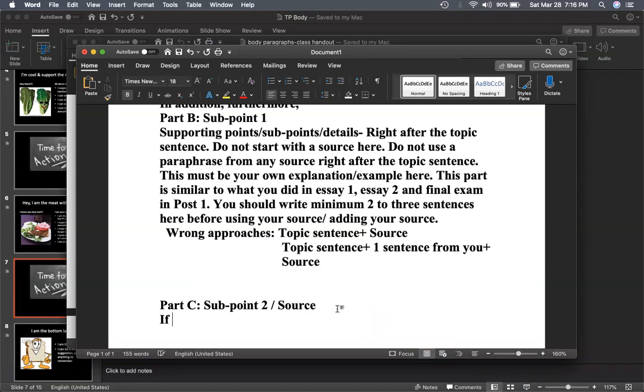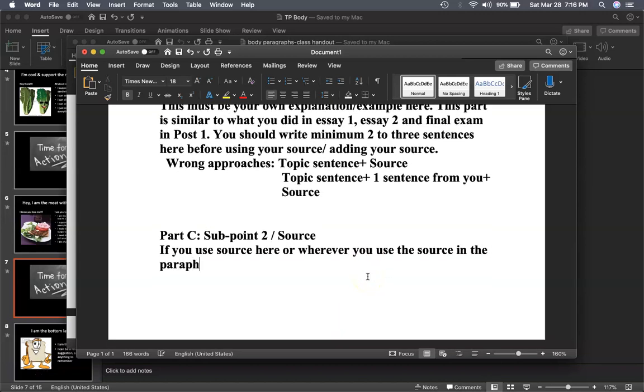Let me go here. So if you use source here, or wherever you use the source in the paragraph, you must do 4 things.